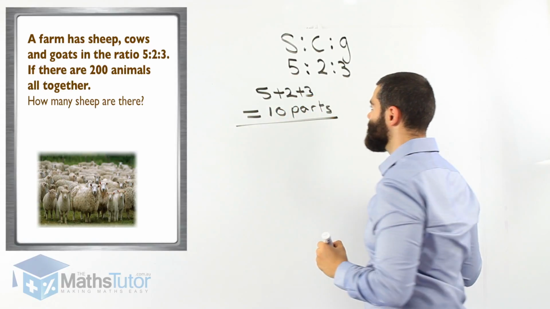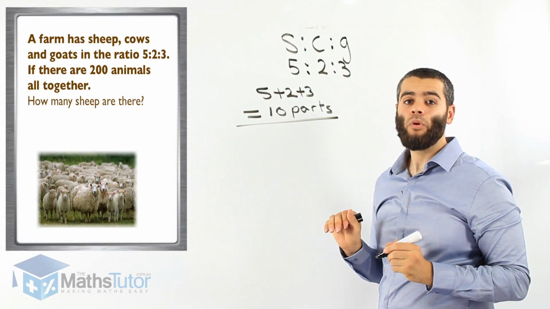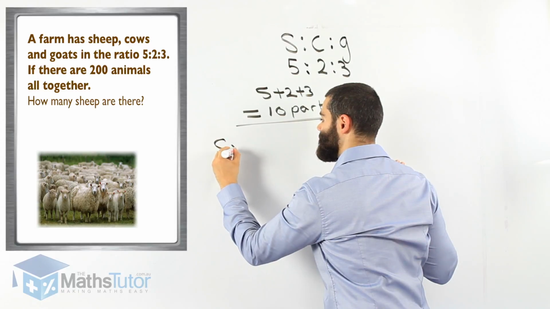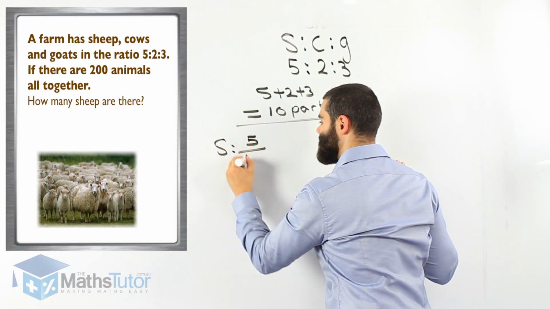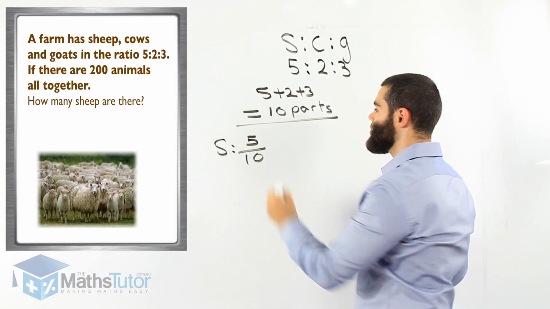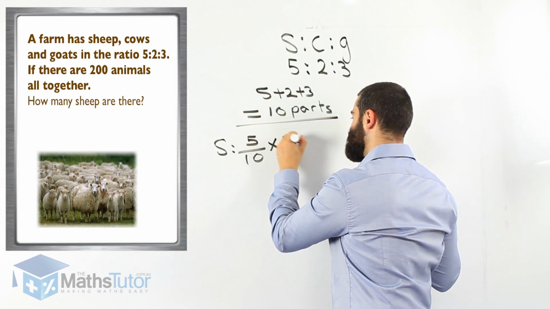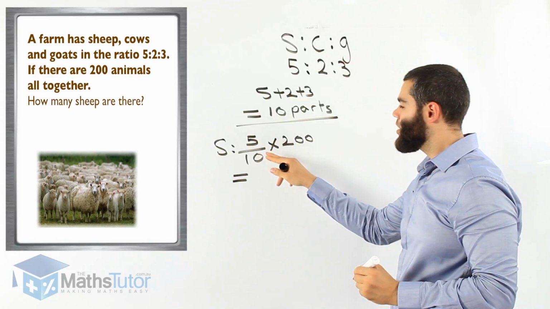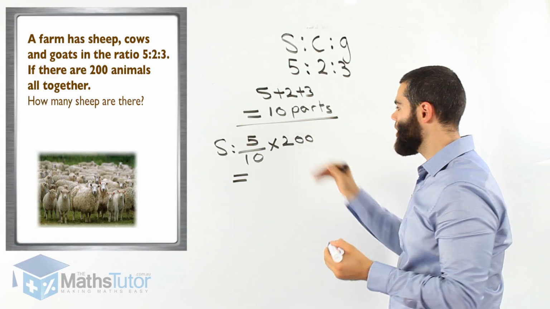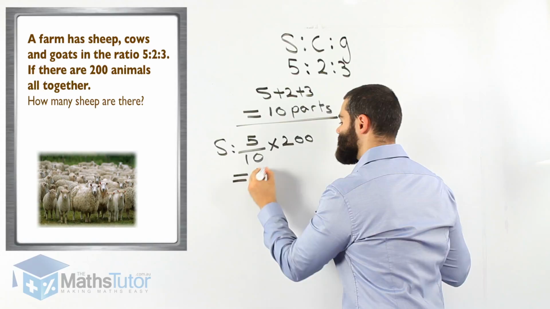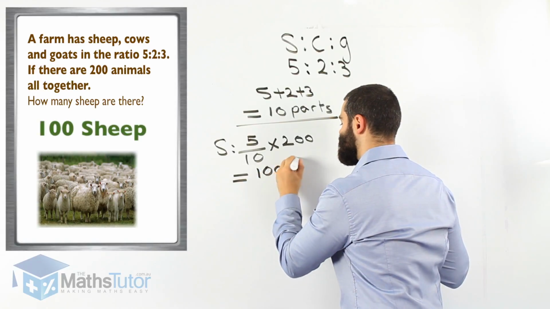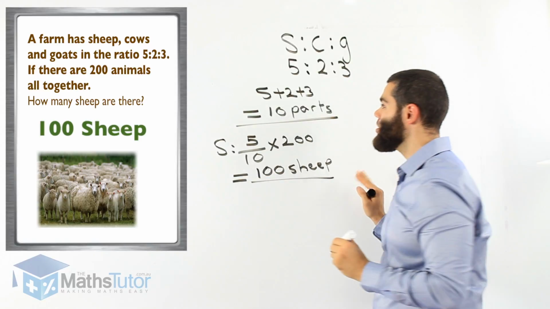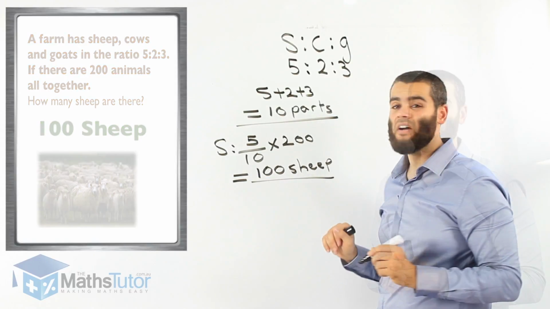Now we want sheep. 5 parts are sheep out of the 10 total parts, times 200. So 5 over 10, grab your calculator, times 200, 100 sheep. There are 100 sheep on this farm.